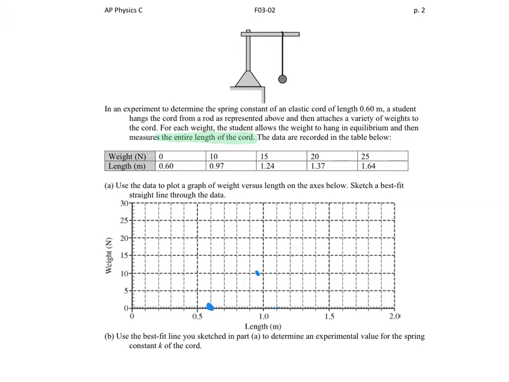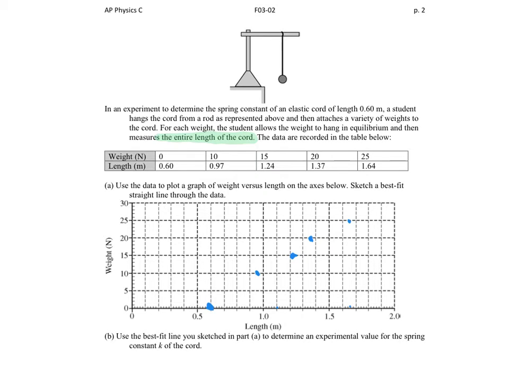We go up to 15, maybe something like that. 1.37 at 20, so 1.3, 1.4, in between these two, and we want 20, so maybe something like that. And then 1.64 and 25. So 1.6, this would be 1.6 and a half, something like that.